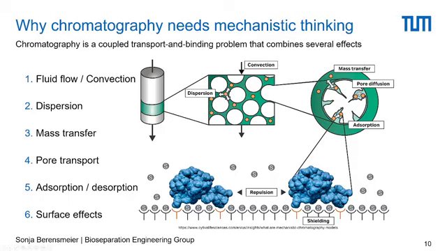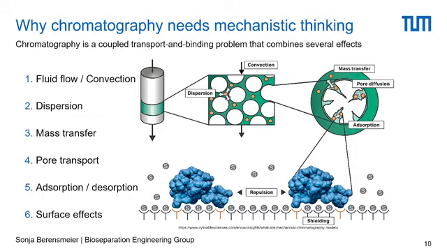So this chromatography model that we're going to look at later is going to combine all these effects. It's going to combine the fluid flow through our column, so the convection. It's going to look at dispersion, so the movement of these molecules inside the fluid phase of our column. We're going to look at mass transfer, so the transfer of molecules from the liquid phase into the pores.